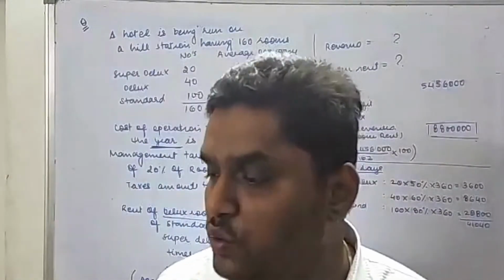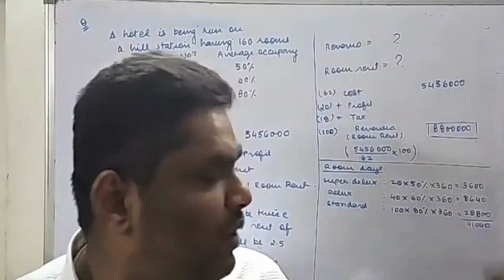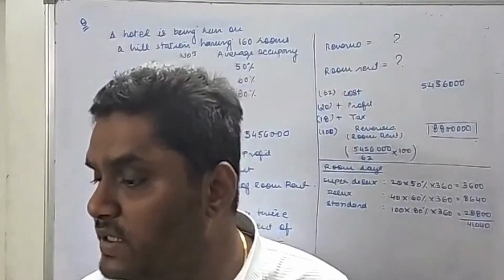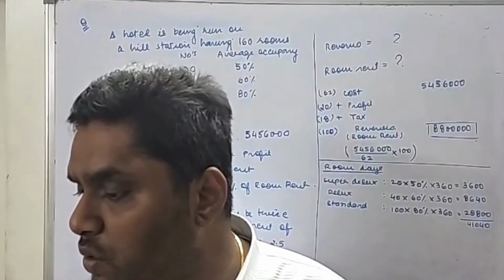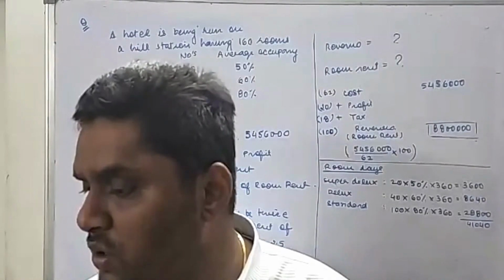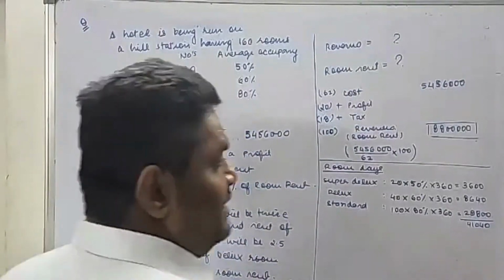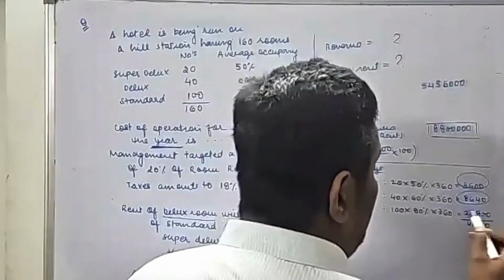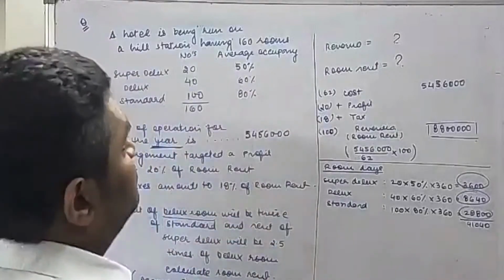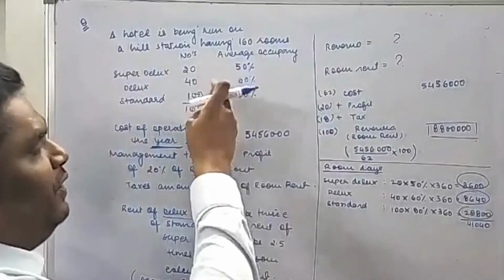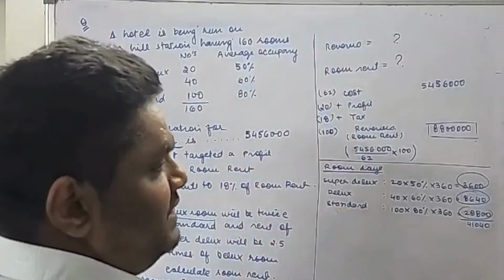I think most of the students have not calculated this part only, in fact. Okay, so I've got answer from Shweta also and Sampada also. So let me check. So many students, I think they have not calculated the rooms occupied only. They have simply considered 20, 40 and 100. Anyways, these are the room days.